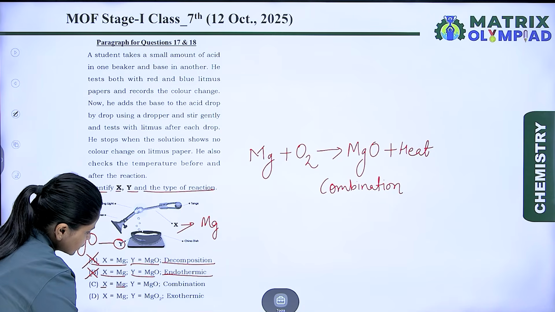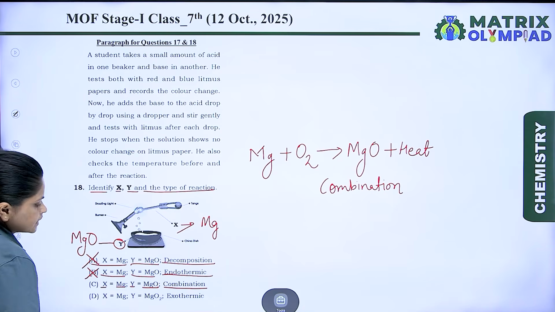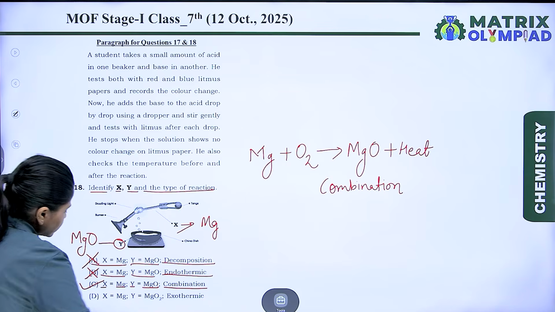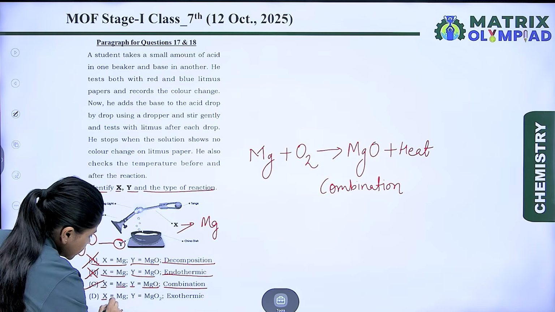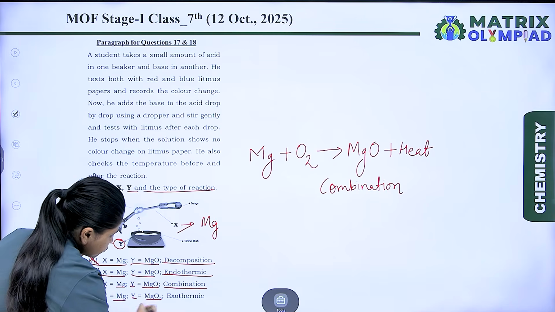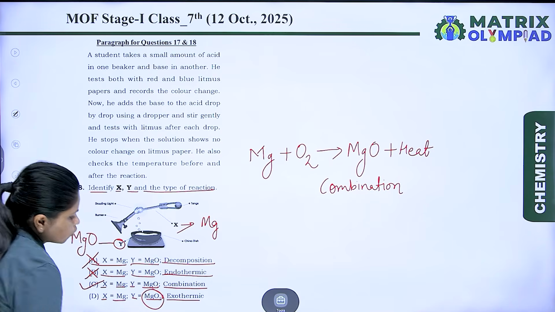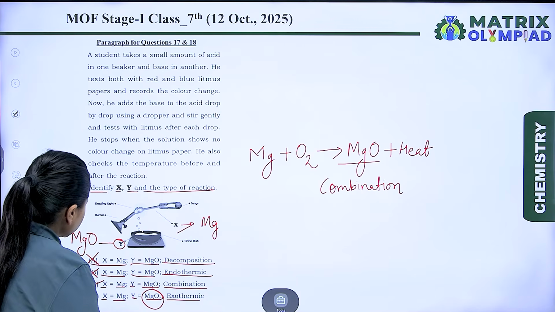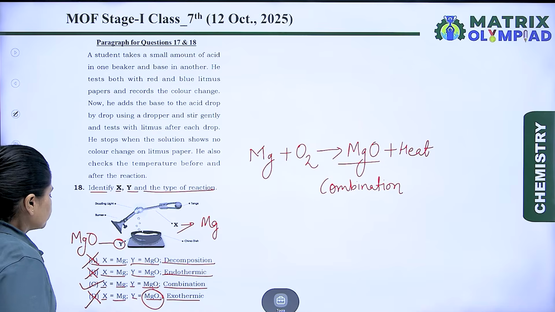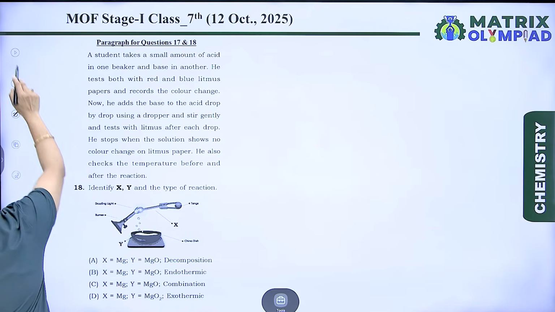C. X magnesium, Y equal to MgO, and the type of reaction is given as combination, that is true for the reaction. D. X equal to Mg, Y equal to MgO2 and exothermic. No, there is no MgO2, there is MgO. So, D option is also wrong. So, the correct option is C. Let's take the next question.